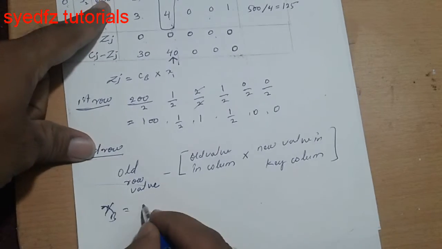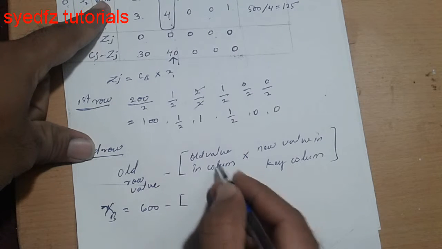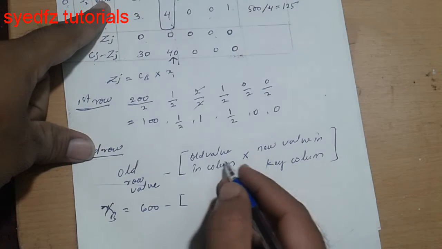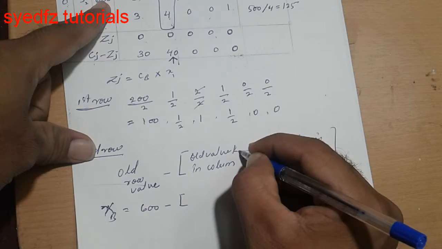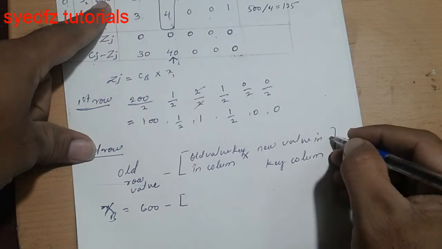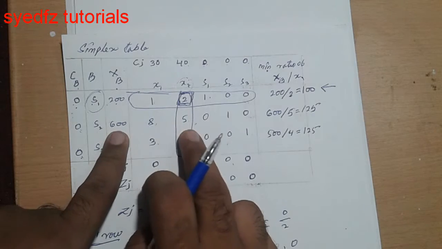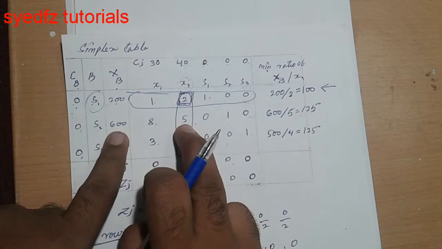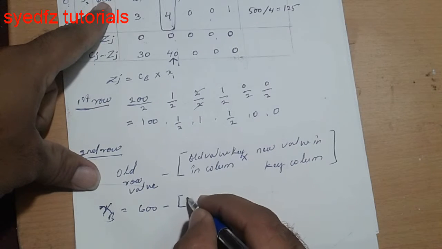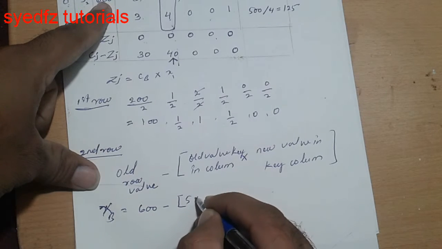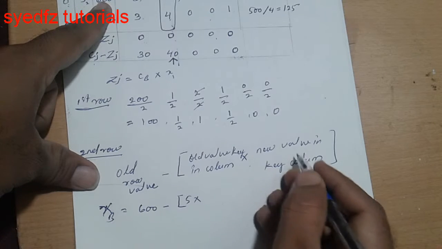So I'm taking here 600 minus old value in key column. What is the old value in key column? This is the key column. The key column old value is 5. So take here 5 into new value in key column. What new value have we got?